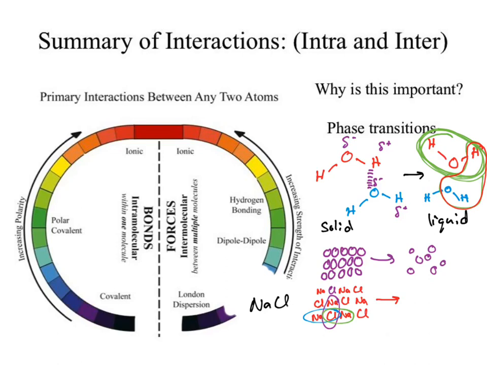Could we do that for the sodium chloride? We said, no, we can't do that. Why can't we do that? What is the difference between sodium chloride and water? Sodium chloride involves a metal and a nonmetal, which would be an ionic bond.